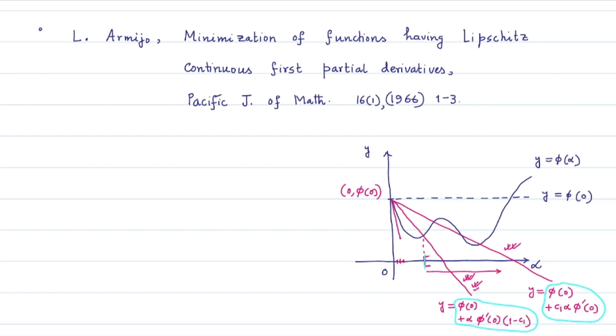And accordingly, these two restrictions will identify the set of alpha values in between from here to this point and then from here to this point. So these range from here to here, union from here to here, are the set of acceptable points. Those are satisfying both these restrictions, that above this line and below this line.